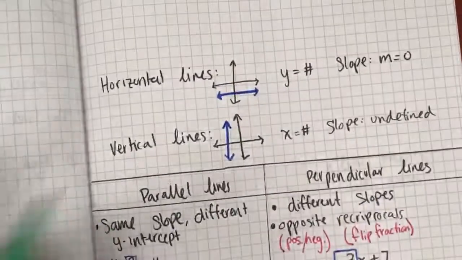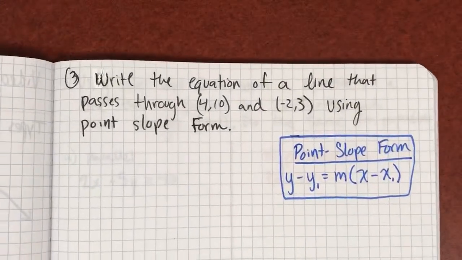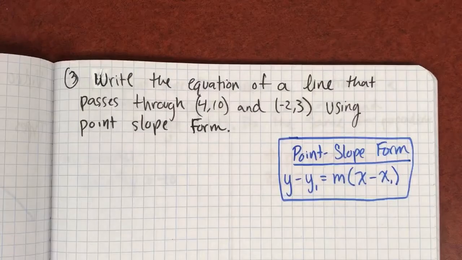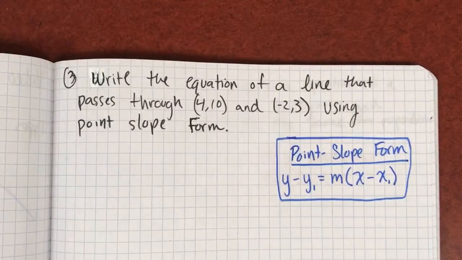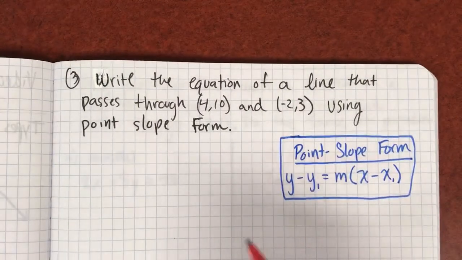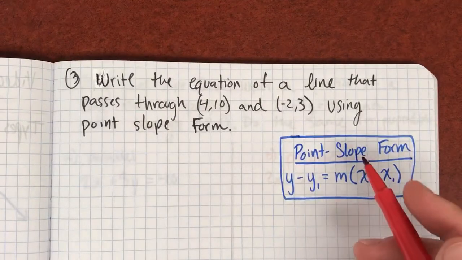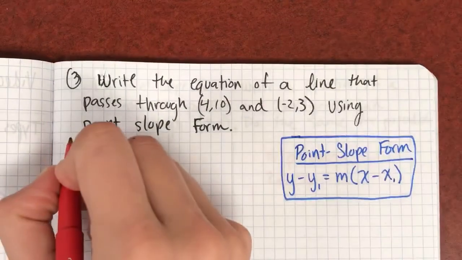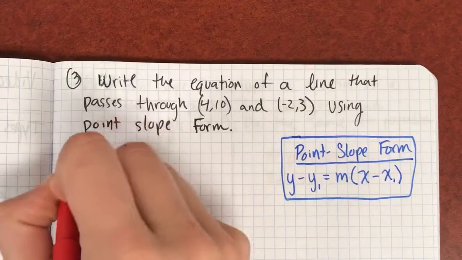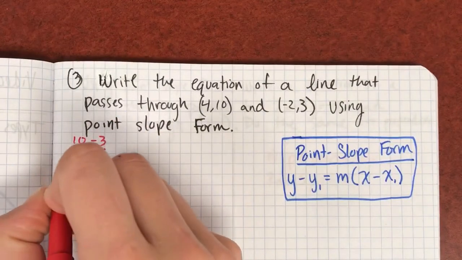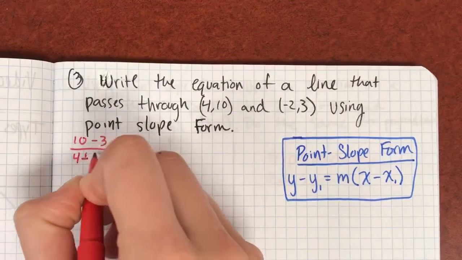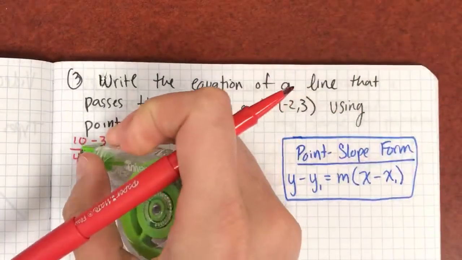Okay. Moving on, we're going to look at our point slope form. So it's a little different. Some of you guys might have had this last year. It might be new for a lot of you. Same thing, we first have to find our slope. So here I'm going to take 10 minus 3 over 4 minus negative 2.